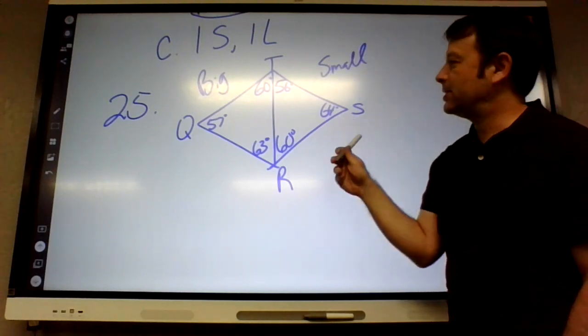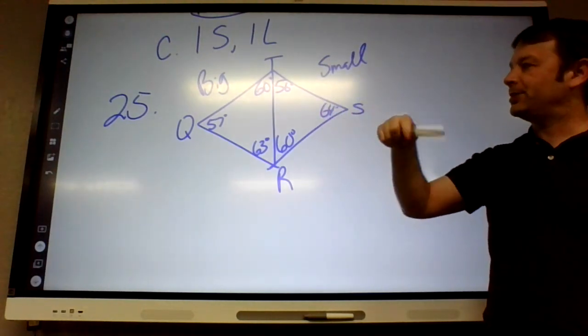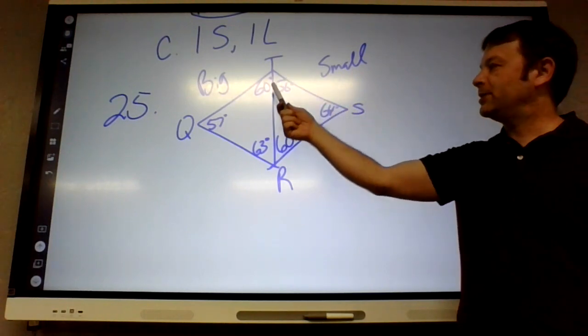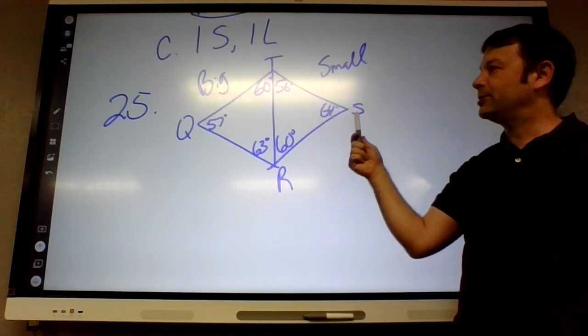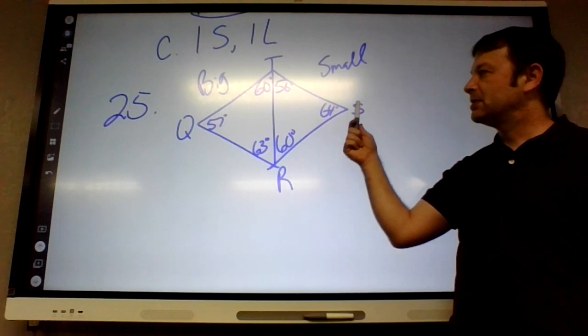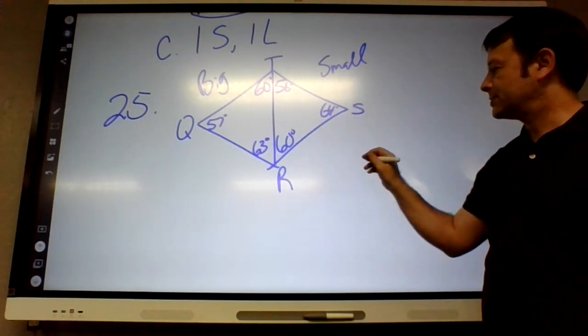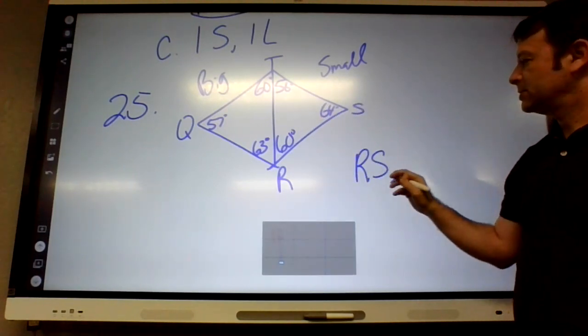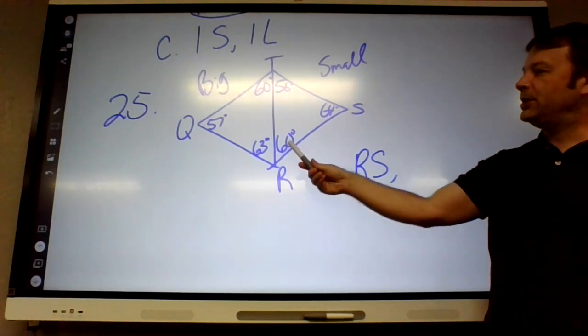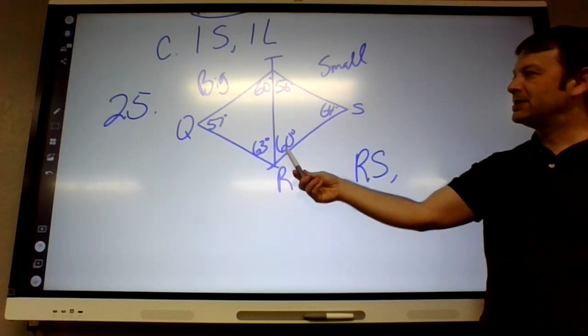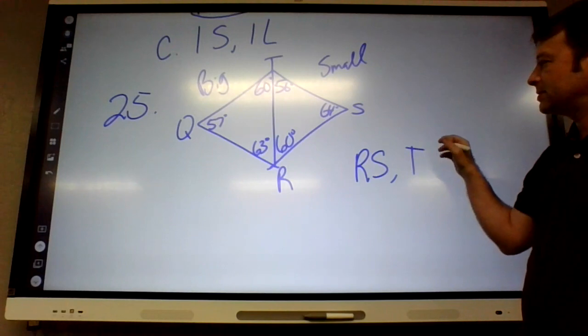Okay, so it's kind of like the beginning. We're going from smallest to largest. Starting in the small triangle, what's the smallest side going to be? RS. What's the medium side going to be? TS.